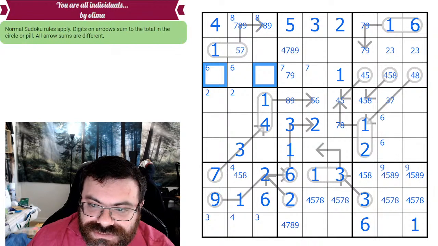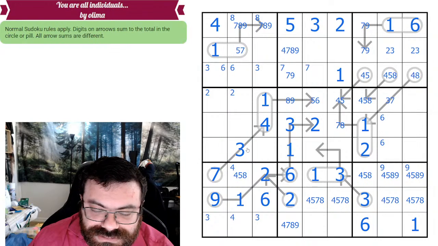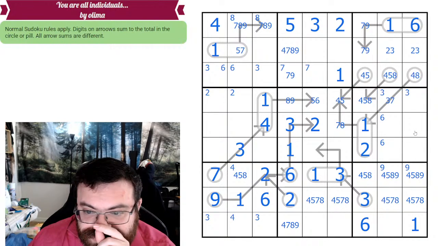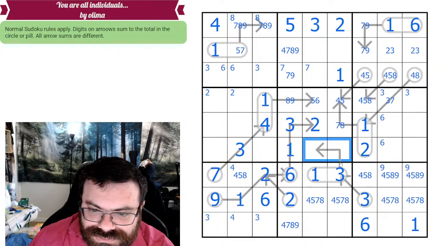Three's in one of these two. Those line up, but we already have this 3. Three's in one of these two. Is it this 13? Is there something preventing me from doing 9, 4, for example? 9, 4 would put a 5 there.